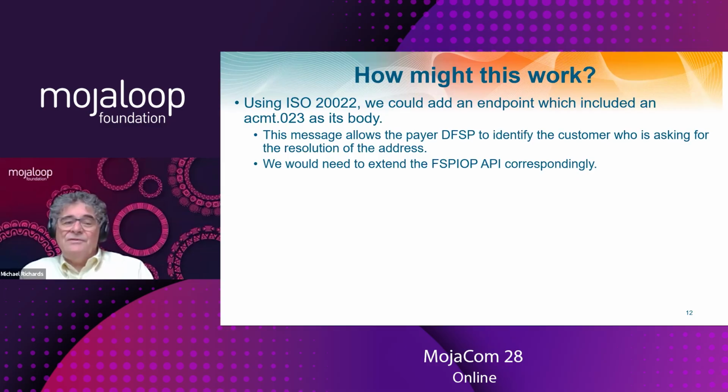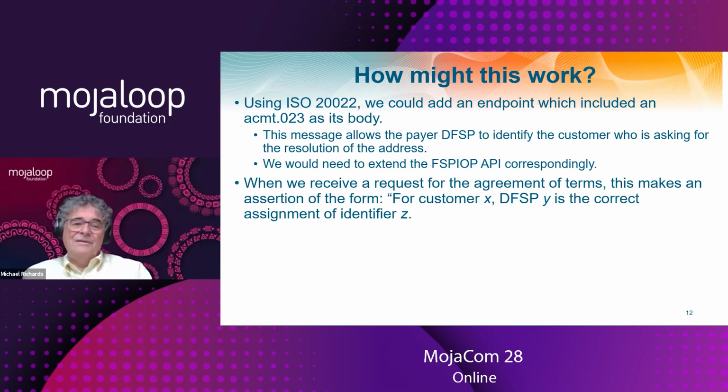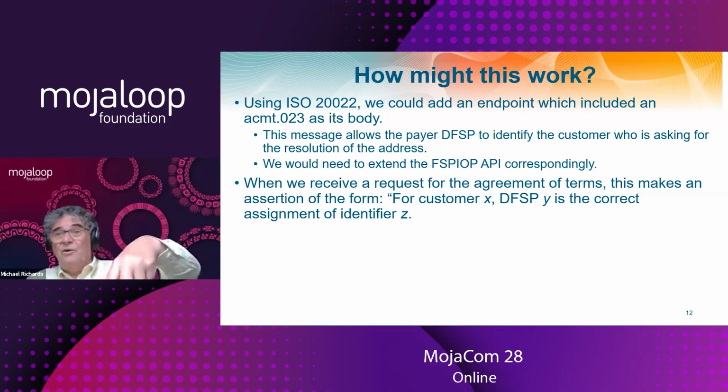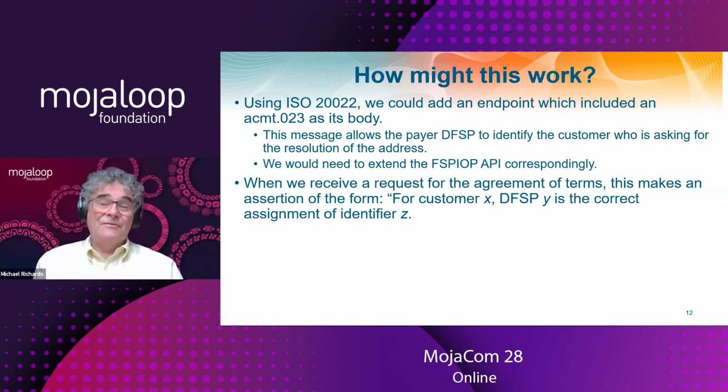And when we receive a request for the agreement of terms, this is really an assertion that says, for this customer, DFSP Y is the correct assignment of identifier Z. So effectively, to have a customer say, I want to send funds to this identifier at this DFSP, could be taken to mean, and perhaps in a world like this should be taken to mean, as far as I'm concerned, DFSP Y is the correct home of identifier Z.